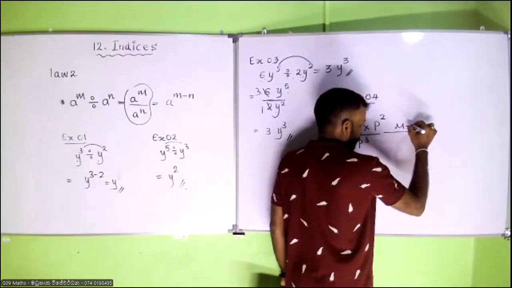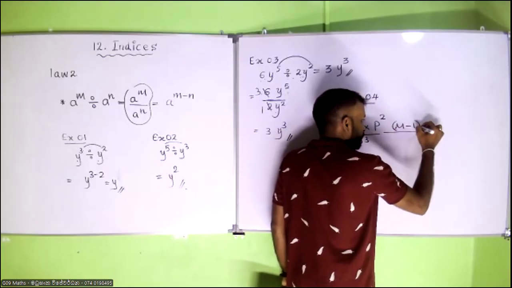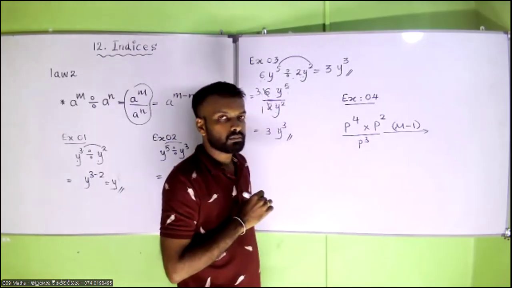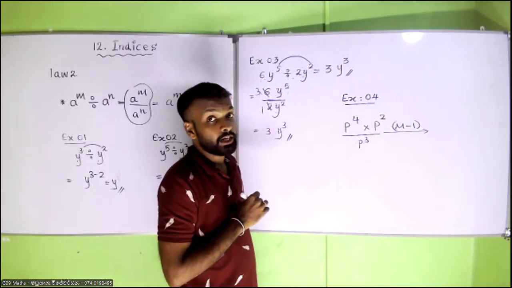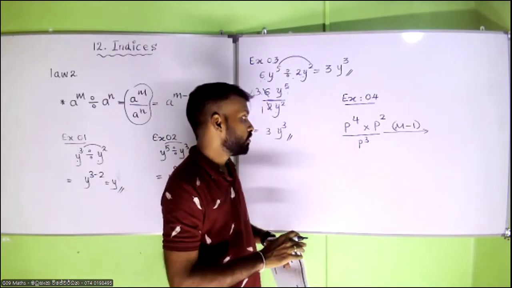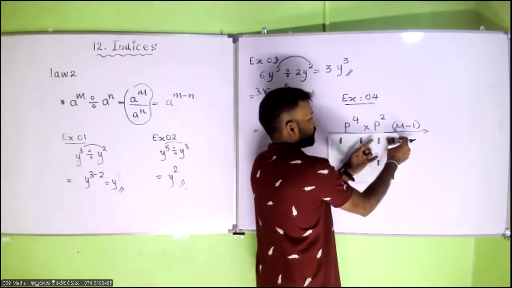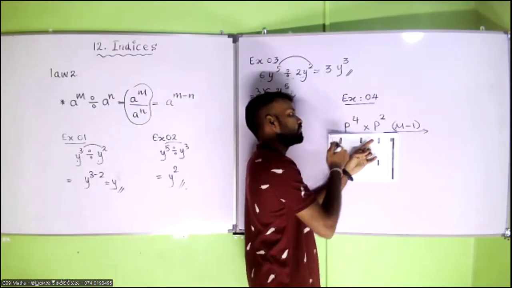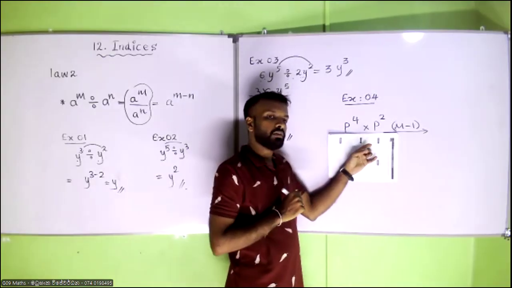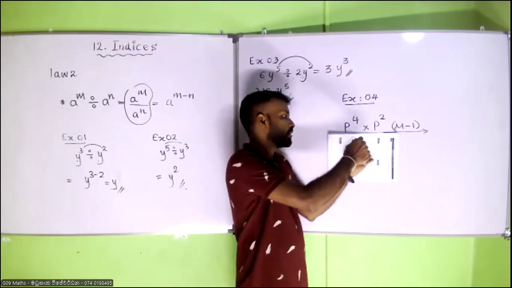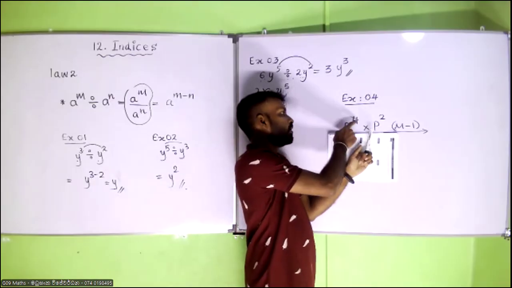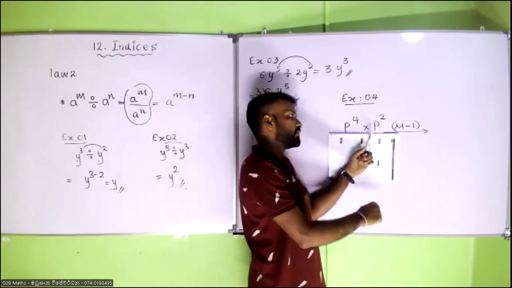In method 1, I am going to use the laws of indices. For a moment, I am going to forget the denominator part. What could be the answer for this numerator part? P to the power 4 multiplied by p to the power 2. What is the value?